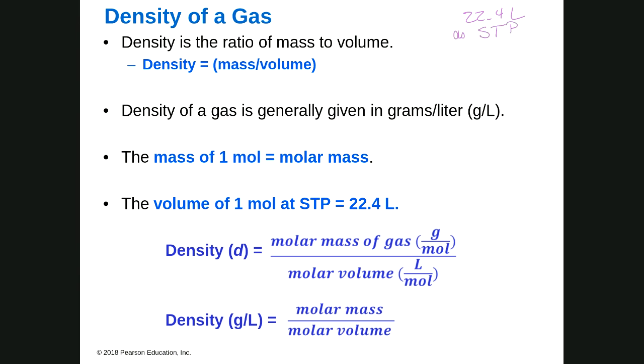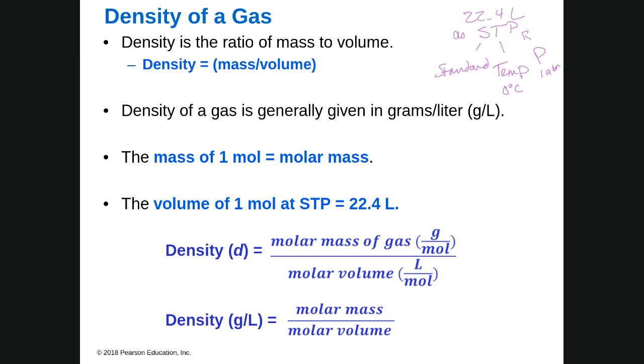That stands for standard temperature and pressure, right? So that's 0 degrees C and 1 atmosphere. That's the only time you can use it. If the temperature is 25 degrees, you can't do it, all right, because it will change if you change the temperature, all right?